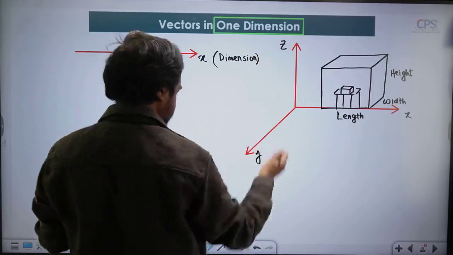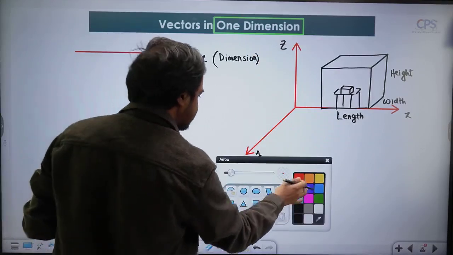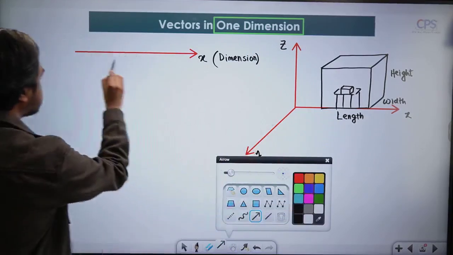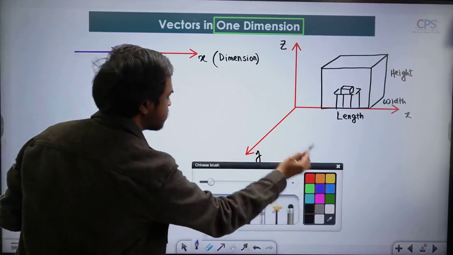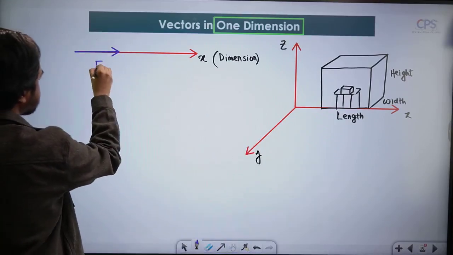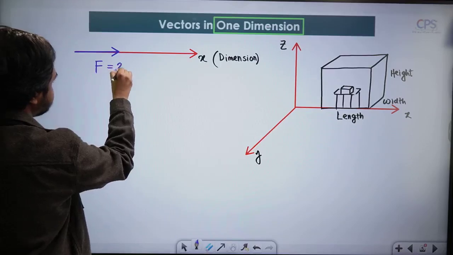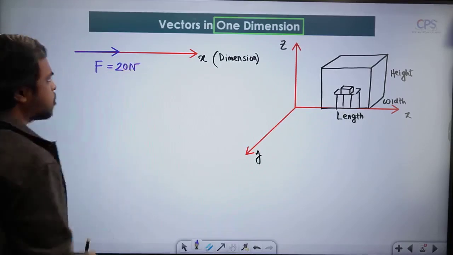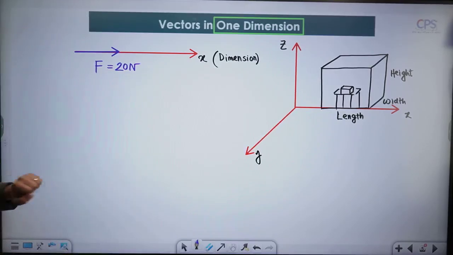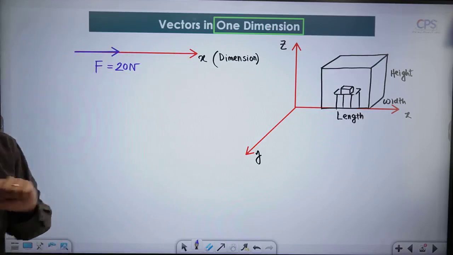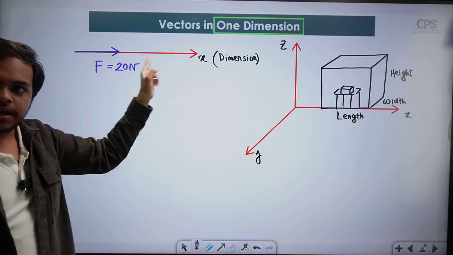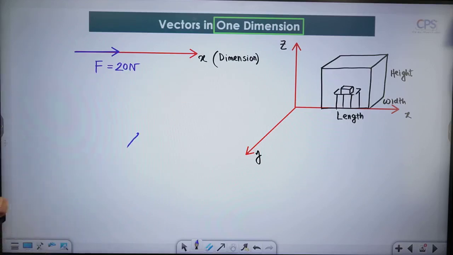Now let's say there is a vector called F, which is a force vector, and let's say this is 20 Newton. So this 20 Newton is in the x dimension, or one dimension, the direction towards the x-axis.